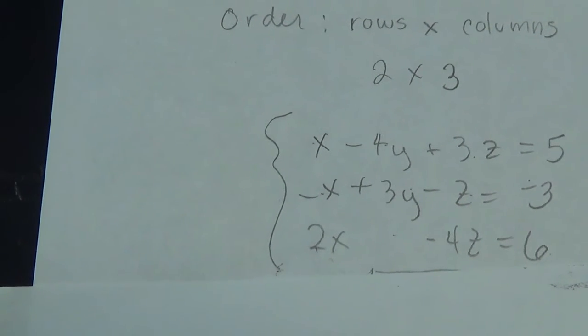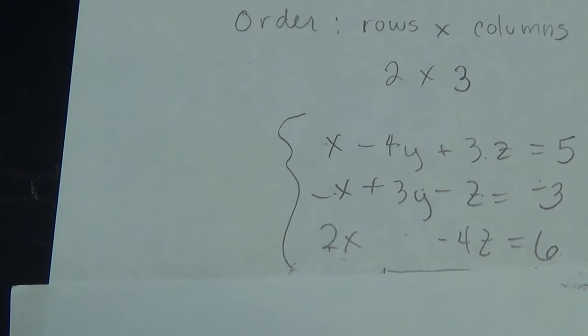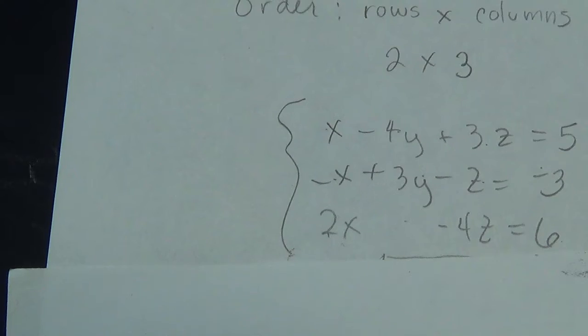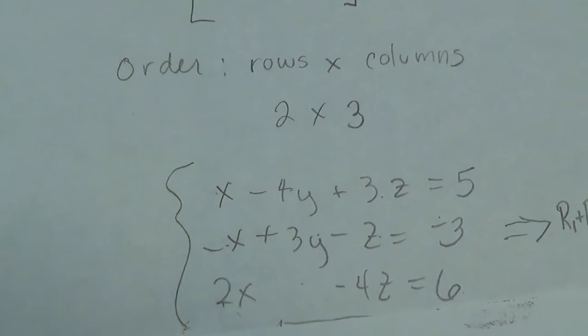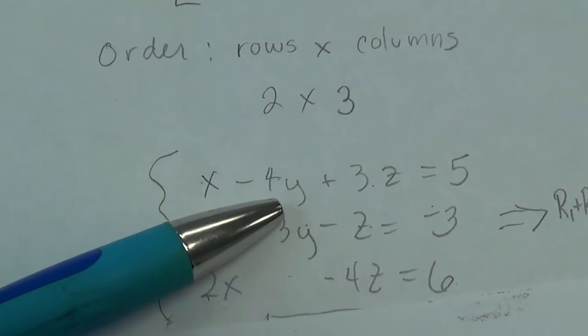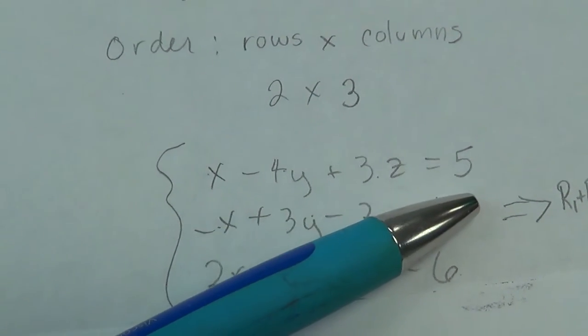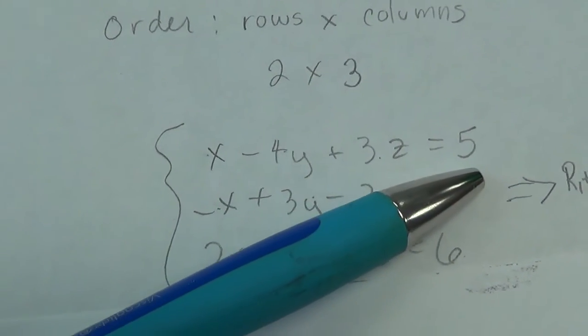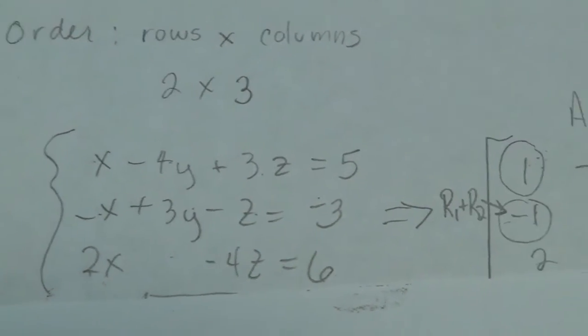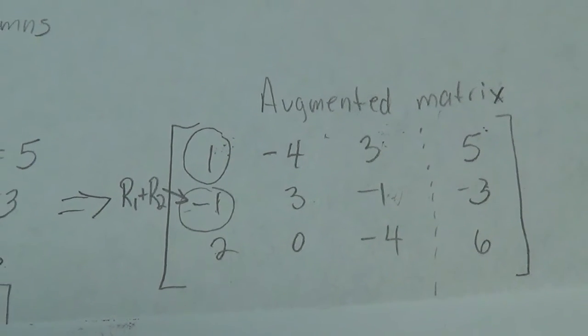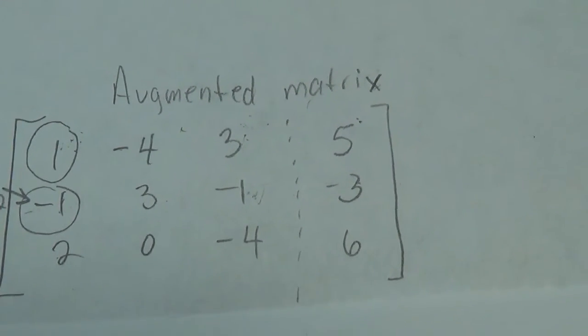So first of all, you're going to change the problem to what's called an augmented matrix. An augmented matrix will pick up only the coefficients and the constants, and we'll put them in matrix form. So here is the augmented matrix.